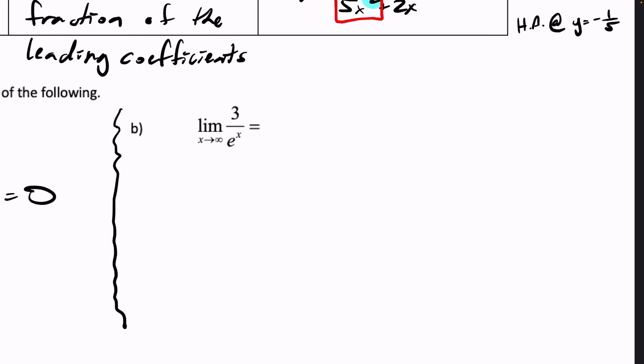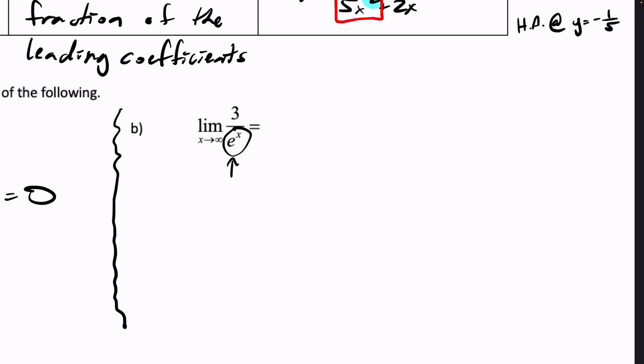So knowing that, is this top heavy, bottom heavy, or equally distributed? Top heavy. So 3 is going to grow faster than e to the x? No, the opposite, right? This guy is going to grow a lot faster than 3. 3 is going to stay 3 forever. e to the x, as I plug in numbers, is going to get bigger and bigger and bigger.